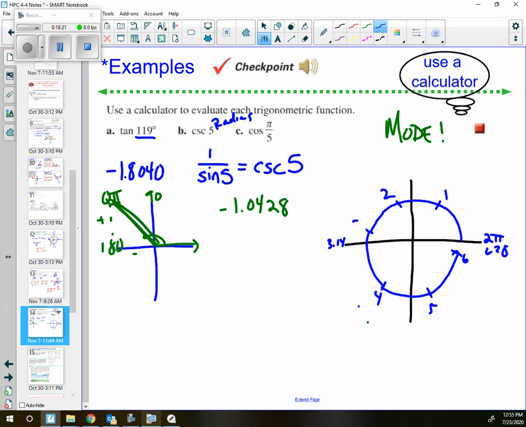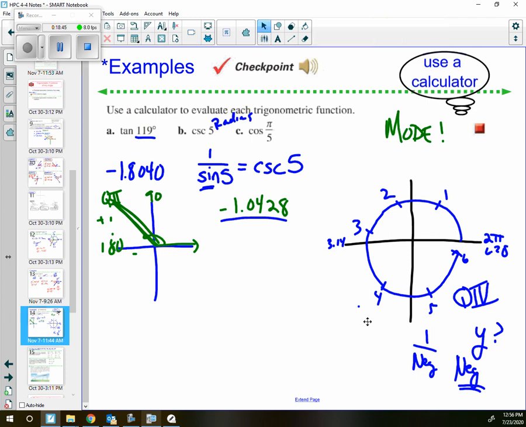So I think keeping this wheel in your head helps. So 5 is in quadrant 4. Okay, what do you know about sines in quadrant 4? Remember, it's the y value. What do you know about y's in quadrant 4? They're negative. So guess what? 1 over a negative number is still going to be negative. So when you see this answer, don't be surprised. Make sure you understand why it is that way.